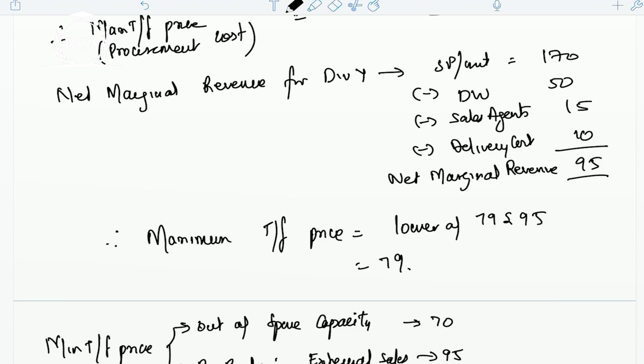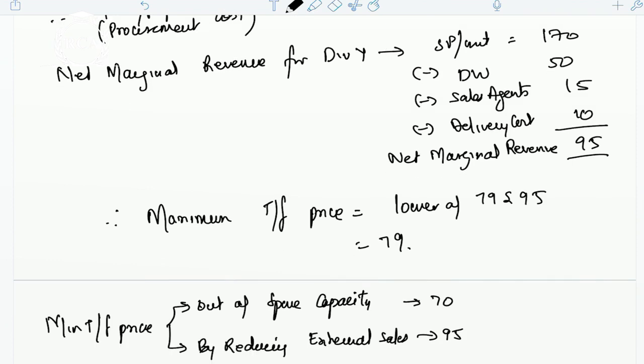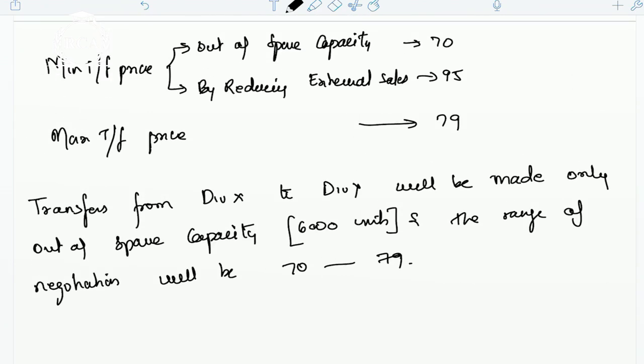Are you all doing this properly? Everyone has finished this, right? Final conclusion, guys: it should be in the range of 70 to 79.